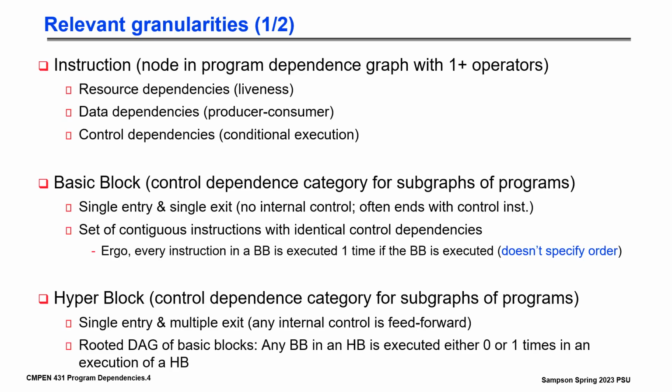So these are all a set of instructions that will either execute 1 or 0 times based on whether the basic block is executed 1 or 0 times, right? Since it's single entry and single exit, I hit everything that's in there on the way through, right? So within a basic block, there is no control flow. It is a straight run of instructions. Yes?